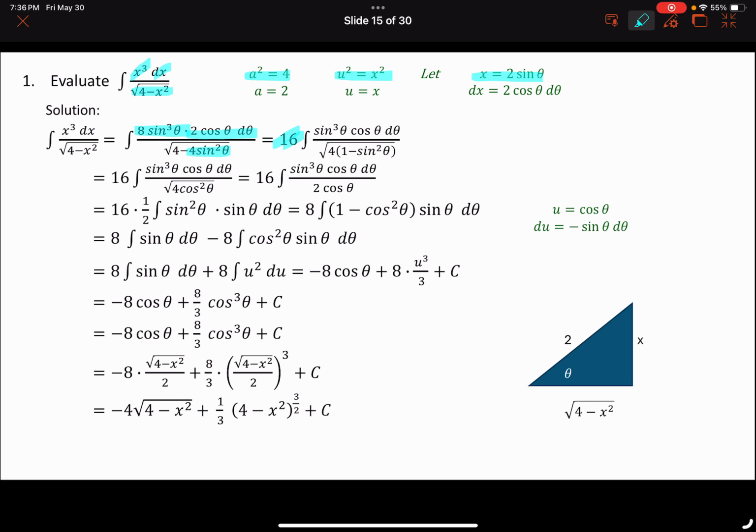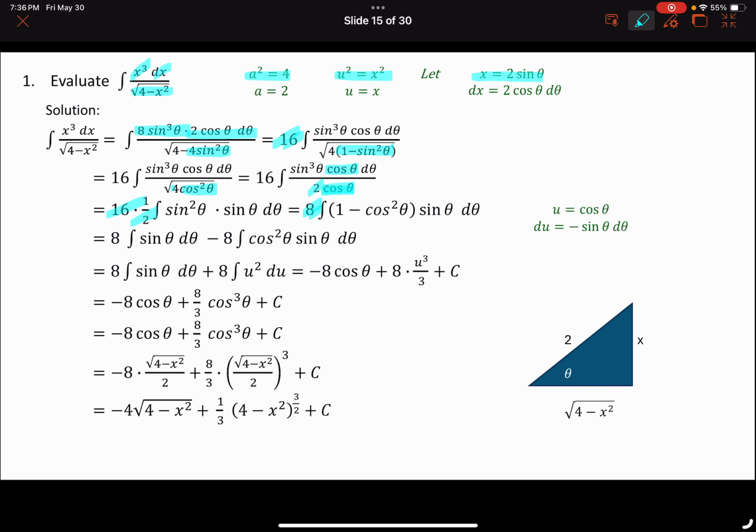Take into consideration that 1 minus sine squared theta is equal to cosine squared theta. Taking the square root of 4, that would be 2. And taking the square root of cosine squared theta, we have cosine theta. We can cancel out cosine theta with cosine theta, and 16 with 2, so that would be 8.